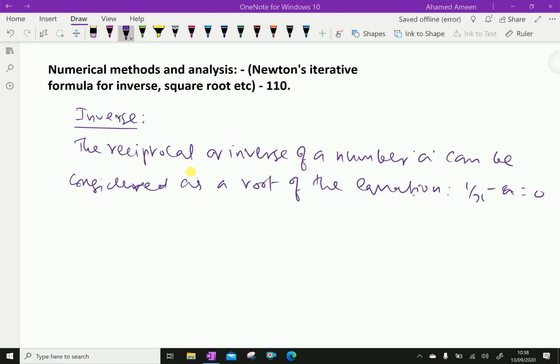If you solve this equation, we can find the inverse of a number.